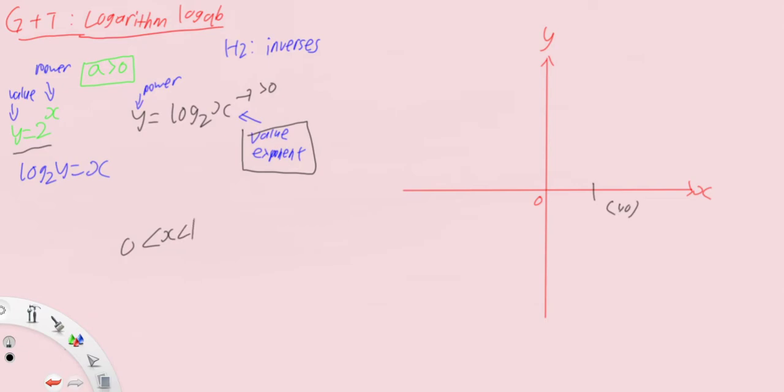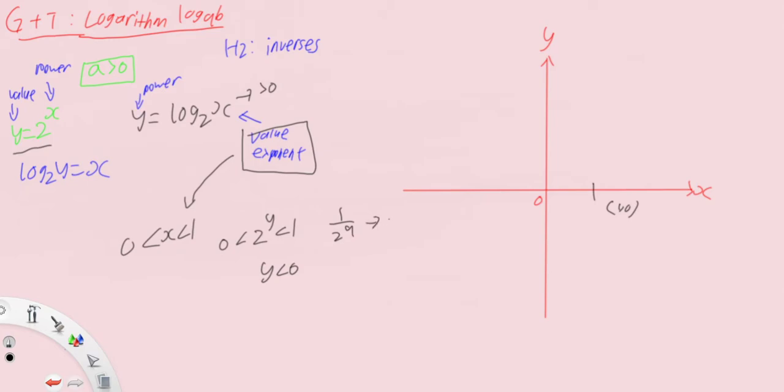Because now we're sketching the logarithm graph, x is the value of the exponent. So we can rewrite it this way: we now have 0 less than 2 power y less than 1. For 2 power y to be between 0 and 1, it has to be some sort of a fraction where the numerator is 1 and the denominator is 2 power a. As such, we know that y has to be less than 0. And if 2 power y is getting very close to 0, we have the form, let's say, 1 over 2 power a.